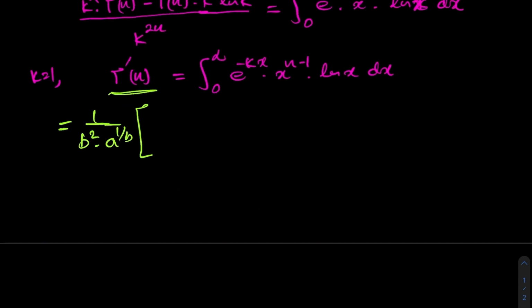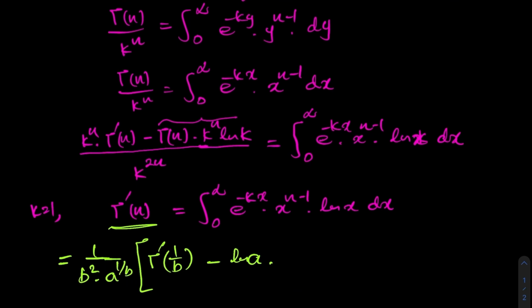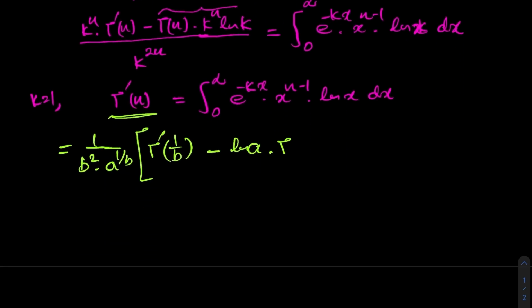Then here we have minus natural log of a times, here this is the definition of the gamma function, so gamma of 1 over b.